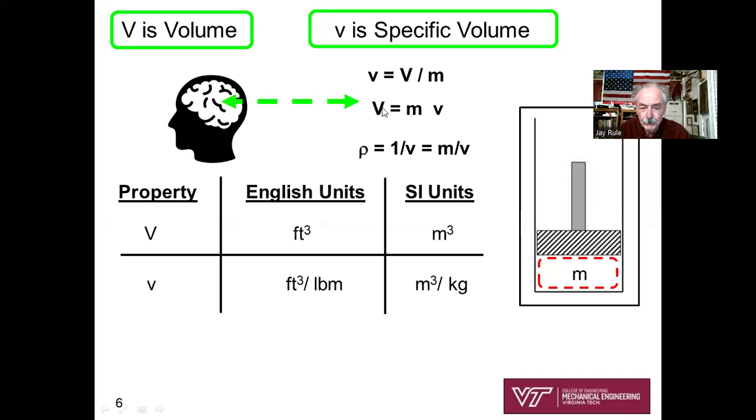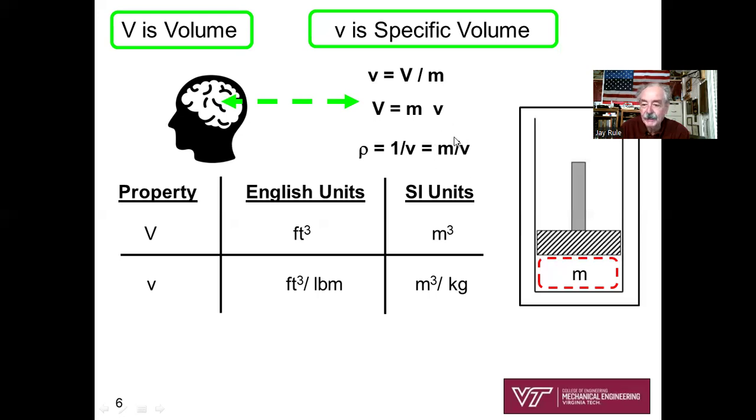So I hope you have all of these expressions in your head. Little v is capital V over m. That's the definition of specific volume. Or volume is mass times little v. Might come in handy. It's the same expression, isn't it? Hope you have it in your head. And of course, density is the reciprocal of specific volume, or mass divided by volume. So I look right here.